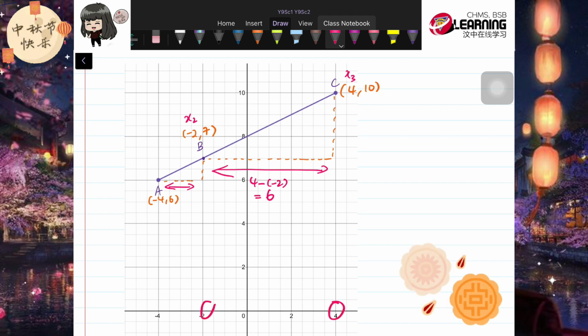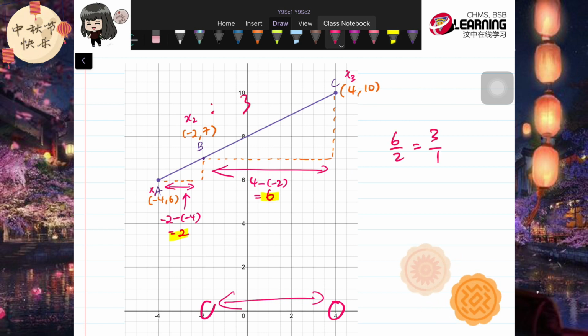It's very obvious because from here to here is 6, right? And here will be your x2 minus your x1, which is negative 2 minus negative 4, which is 2. So the ratio of this 6 to 2 is basically 3 to 1. The ratio of the length is 3 to 1.